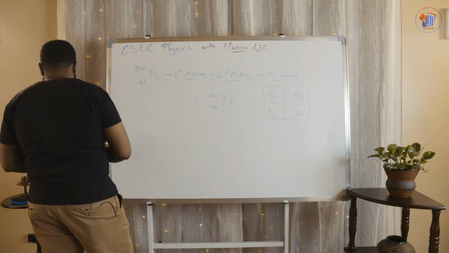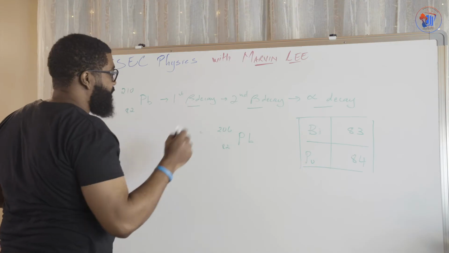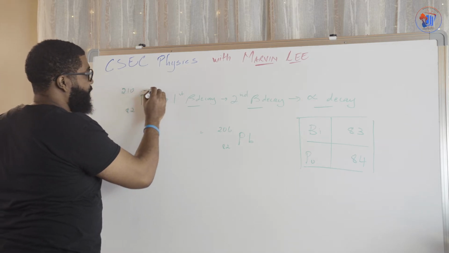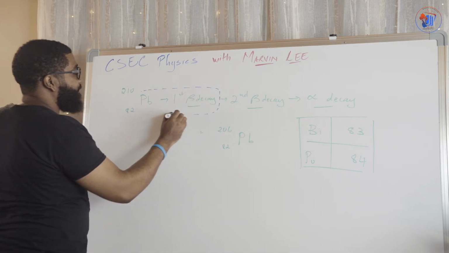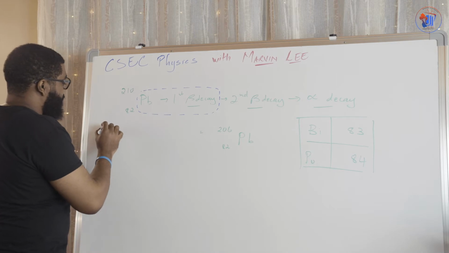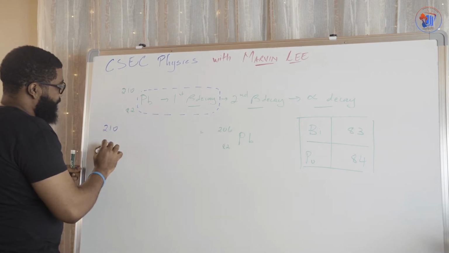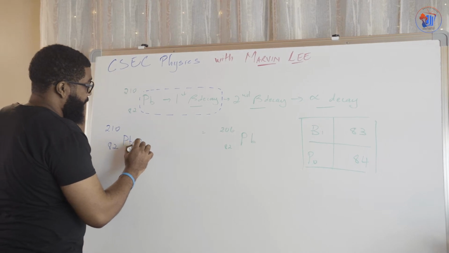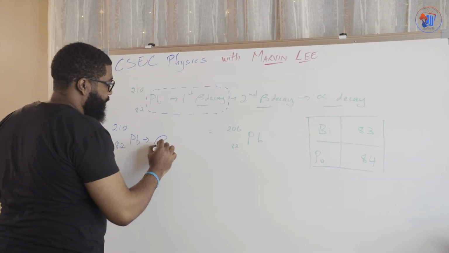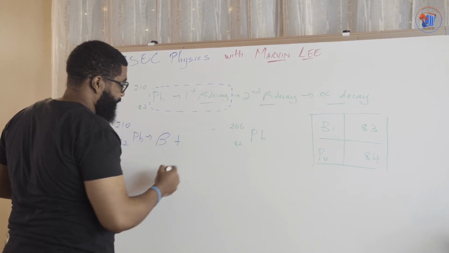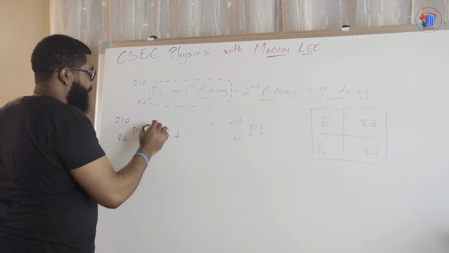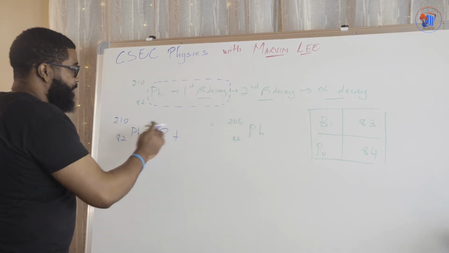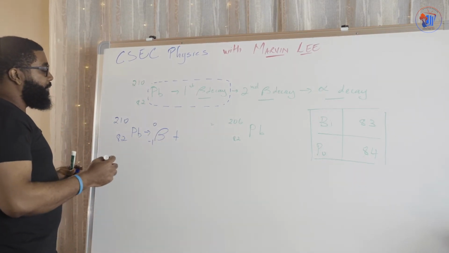Now, the first equation of decay would be from here. This is the first equation of decay. So, 210, 82, Pb basically decays to give you a beta particle plus something. Now, a beta particle is written as 0, minus 1. If you're wondering what these numbers represent, let me quickly explain.